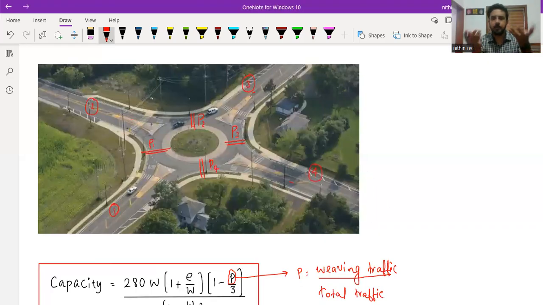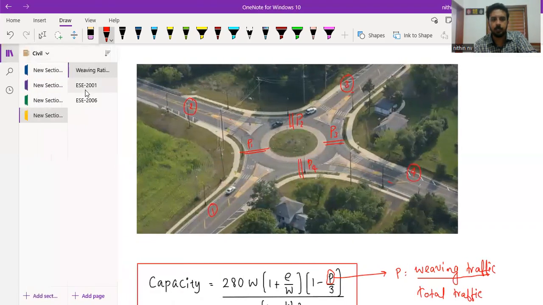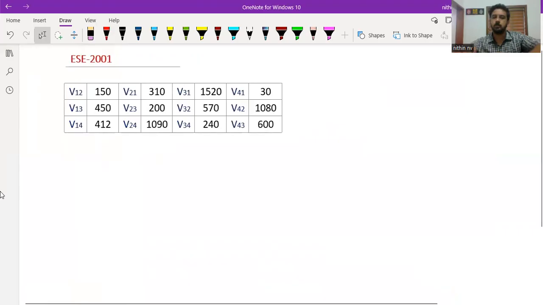Like that, a set of data they'll sometimes give. If they give data like that, how do we calculate that weaving ratio? That's what we are going to discuss. I'll discuss that concept with the help of a numerical question, which is actually a previous engineering service exam question. So let's try this, okay?